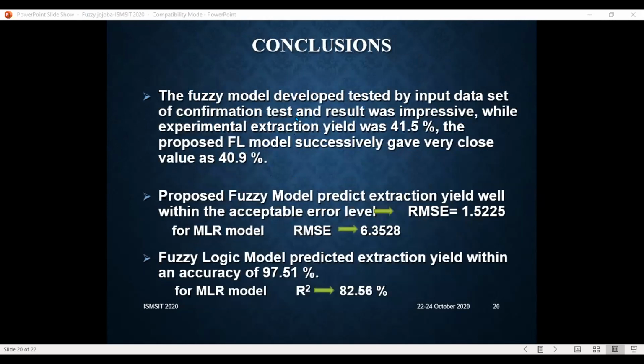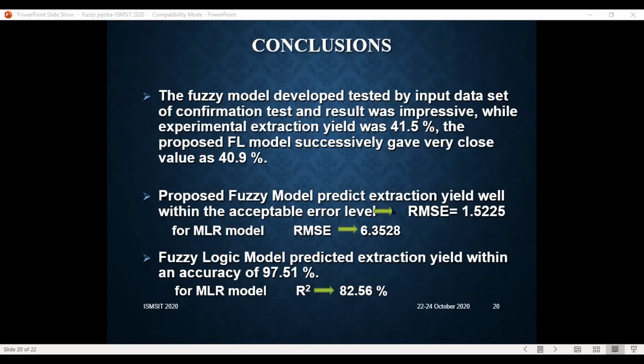The last thing I will make in my conclusion, since you are hurrying me: the experimental extraction process gave 41.5%. In the unseen data, the fuzzy logic model predicted 40.9% extraction yield.